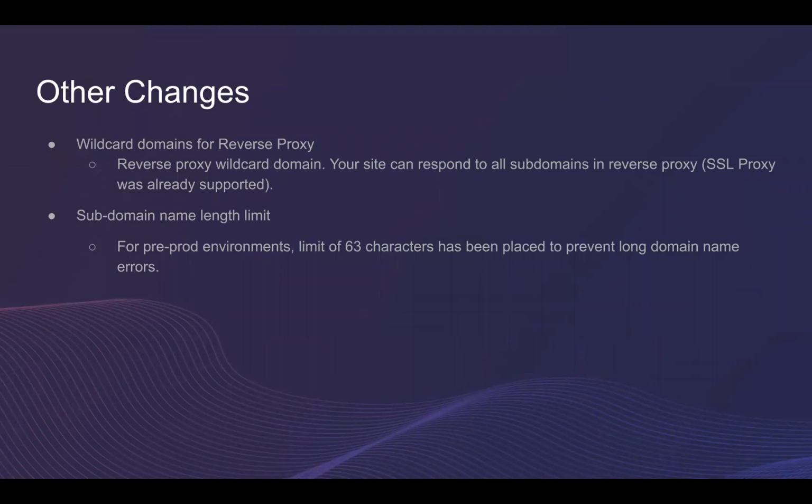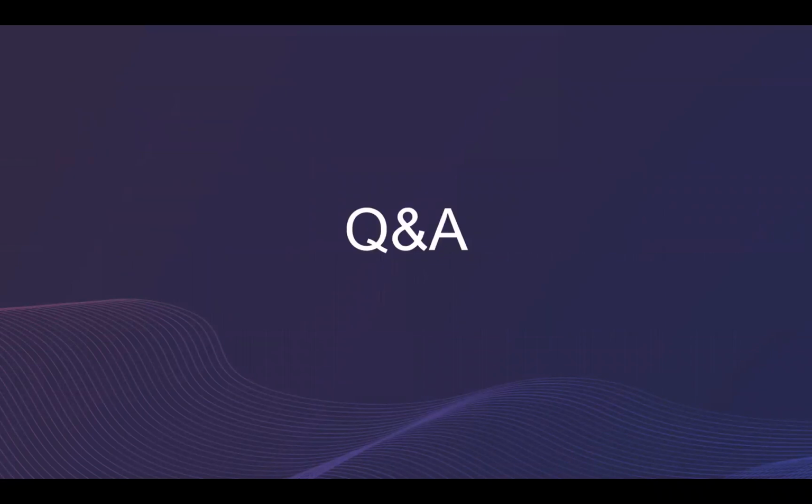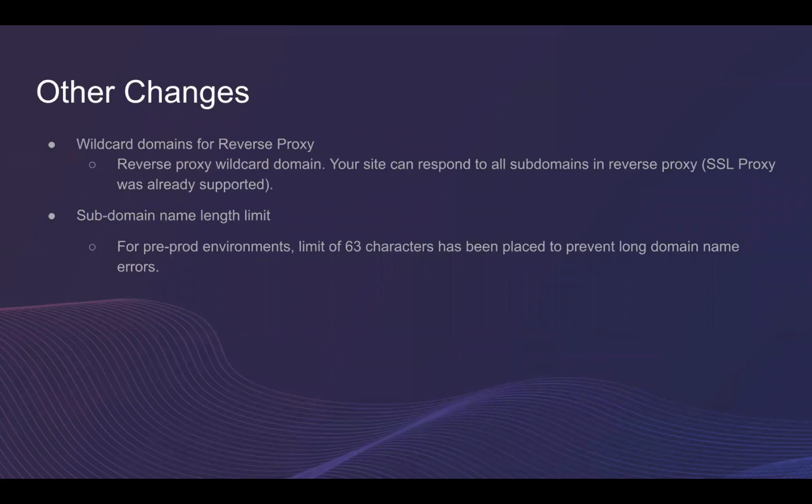Yeah, so just to clarify that, the limit there is for the subdomain of a domain. In total, the total length of a domain can be up to 250 characters, and this is per DNS standard. What we do now is we automatically change the domain if it's too long.